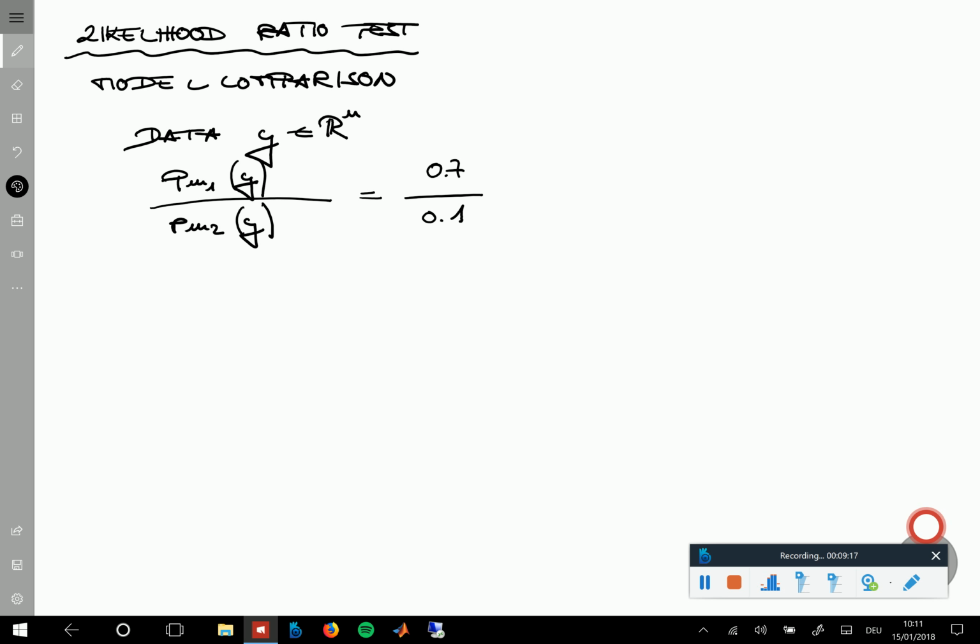If you have a reverse case where the probability of the data under model 1 is low and the probability under model 2 is high, then you will get a low value, just by means of this ratio. So you have to divide 0.7 by 0.1 and get 7, and here you have to divide 0.2 by 0.8, so you get something like 0.01 something.